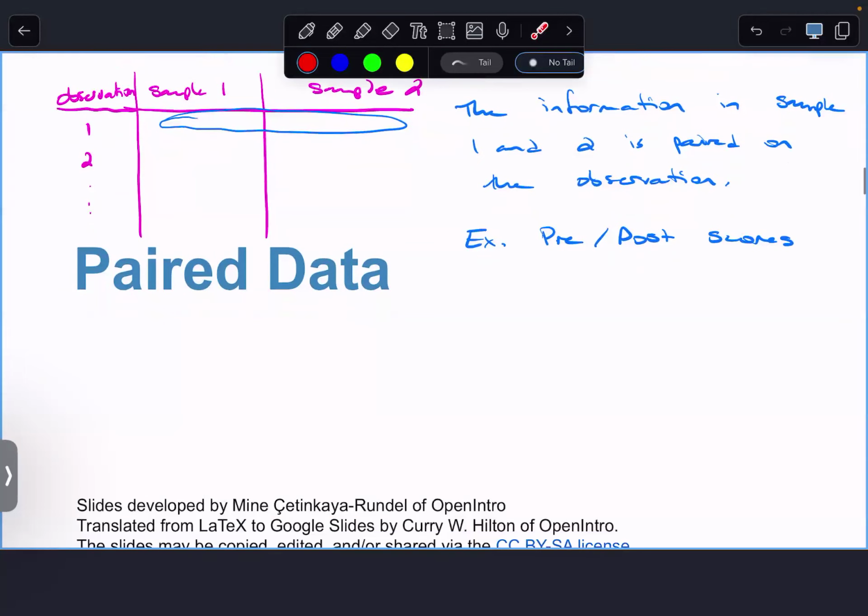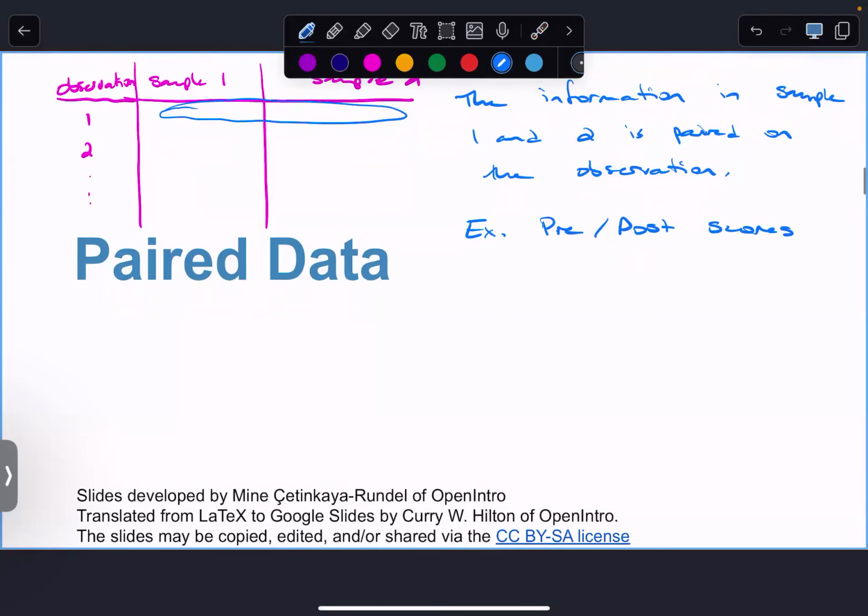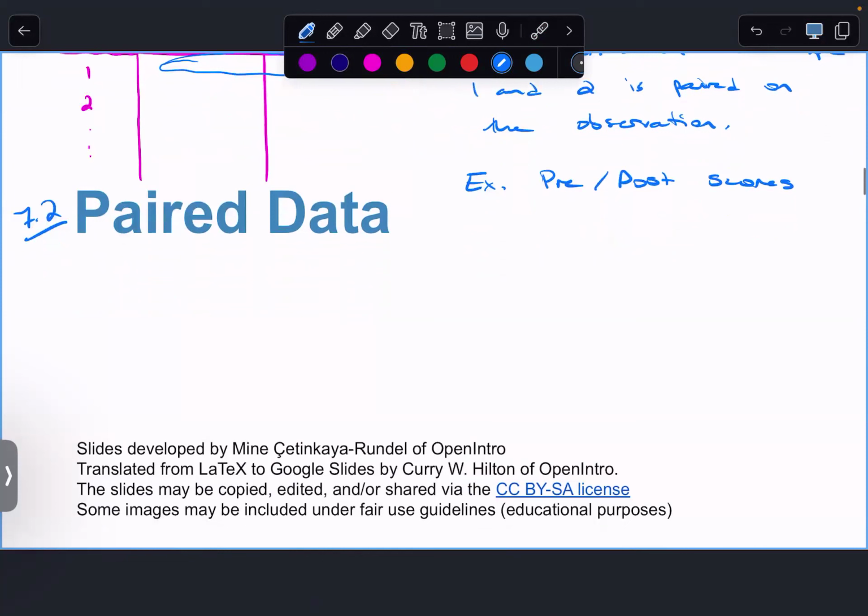And so paired data is section 7.2. And just as a sneak preview, 7.3 is going to be when we have two independent sample means. Then I want to compare these two independent samples, and that's very similar to the two sample proportions that we had.